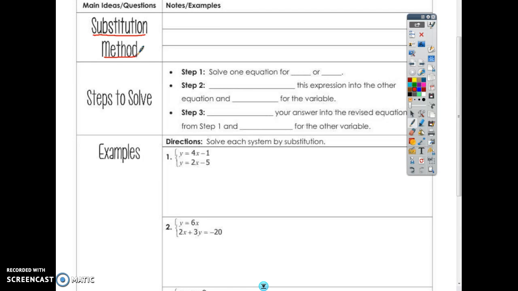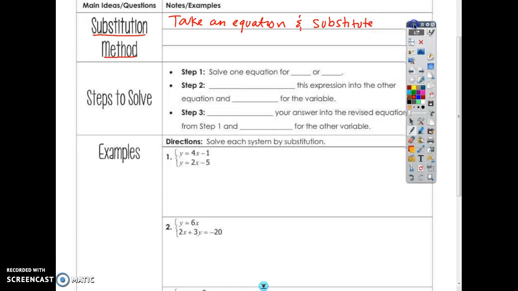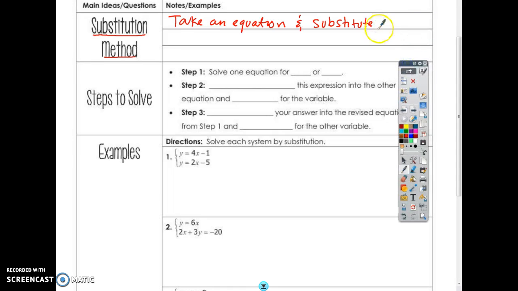You're going to take an equation and substitute in order to solve for a variable.